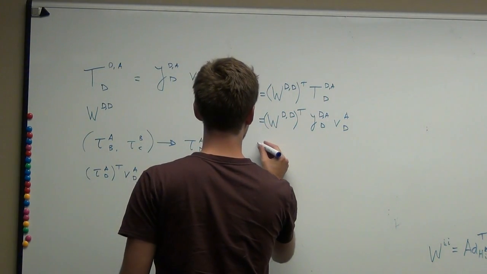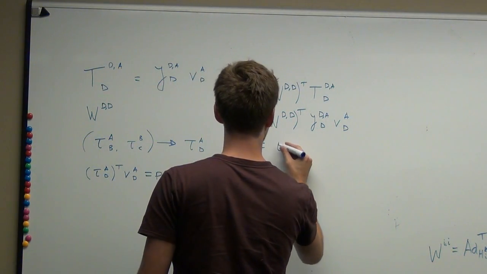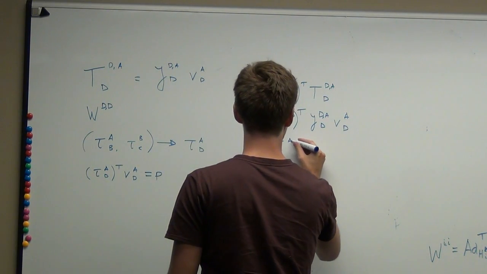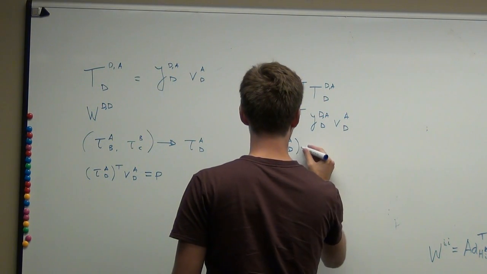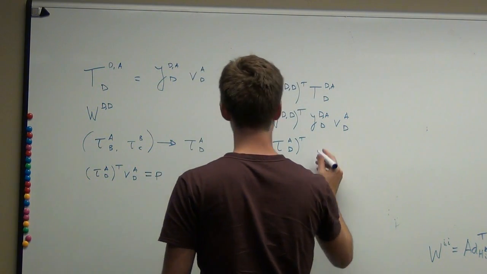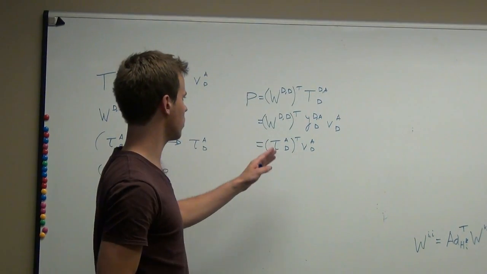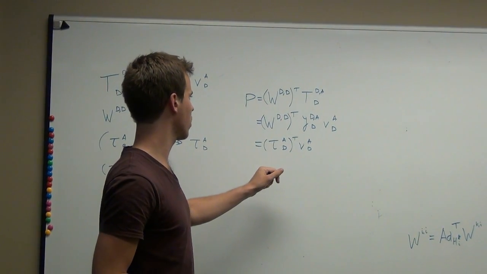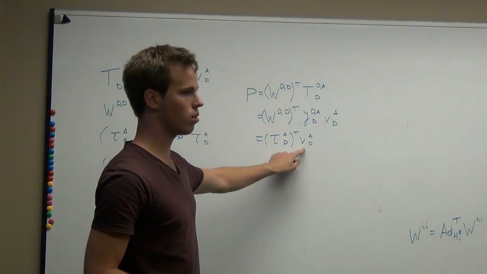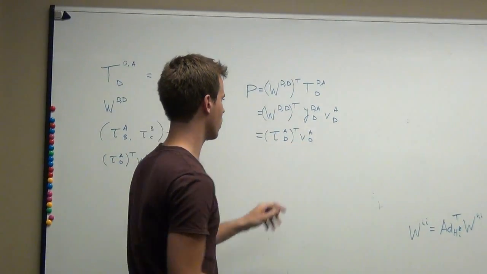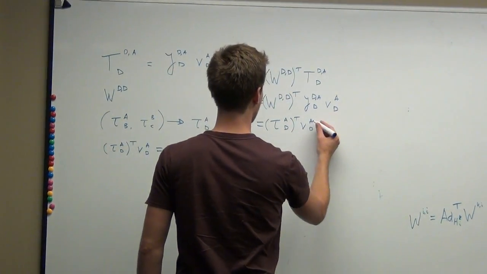So P equals tau A to D transpose V A to D. And this needs to hold for all possible velocities, so we can just get rid of this on both sides of the equation.